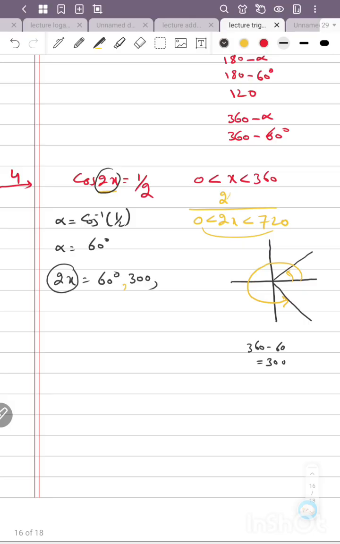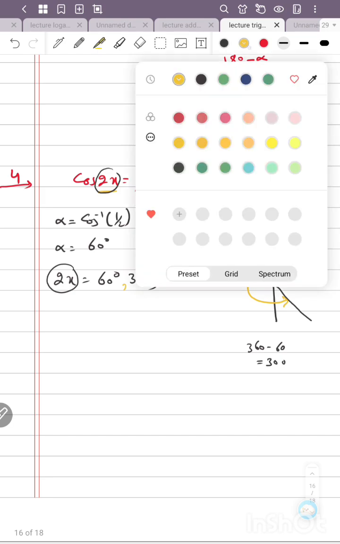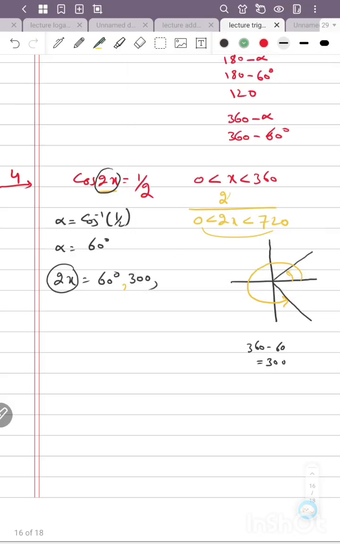Now we have to move forward, because our interval is 720. We start from here, and this completes one cycle of 360.